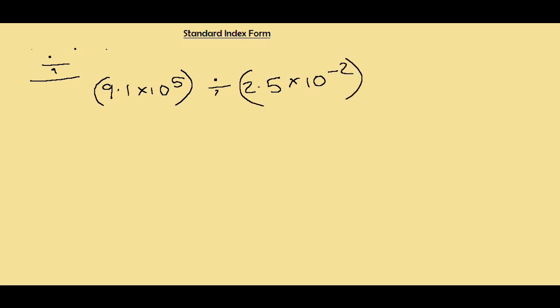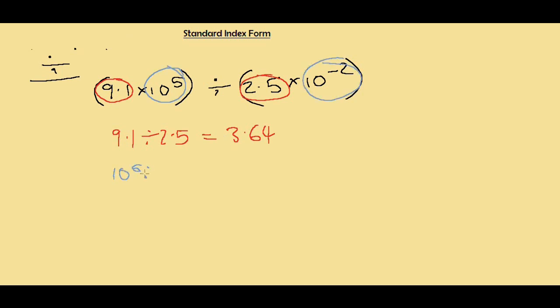Once again, we're going to split it up into the number bits first. 9.1 divided by 2.5. Again, we're not doing long division here, so check this on your calculator. That makes 3.64. And then the last bit, 10 to the power 5 divided by 10 to the power of minus 2.